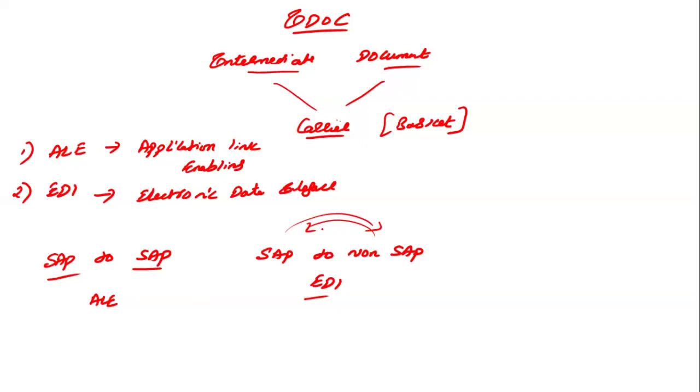If it is an MM consultant, he will be transferring the master data and transaction data like material master, vendor master, purchase orders, contracts, all those things. And Idoc is also used by the sales consultant to transfer the sales order and their master data. Even finance uses it to transfer the GL accounts, all those things.